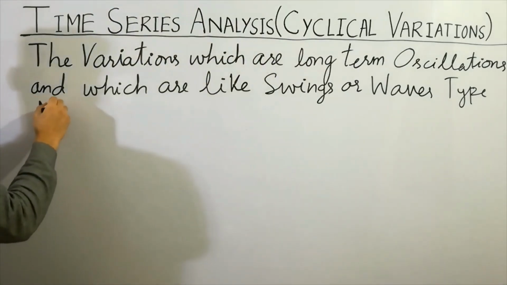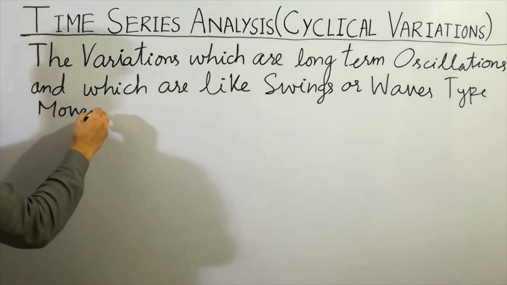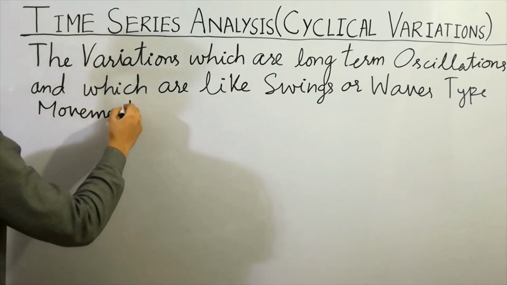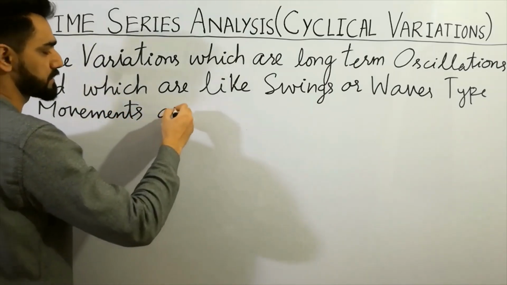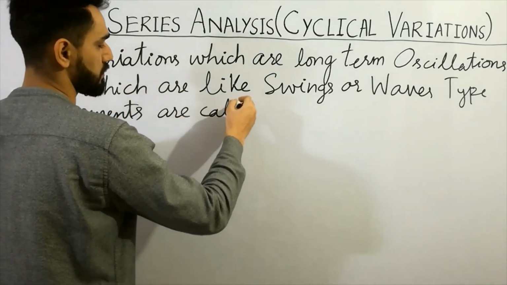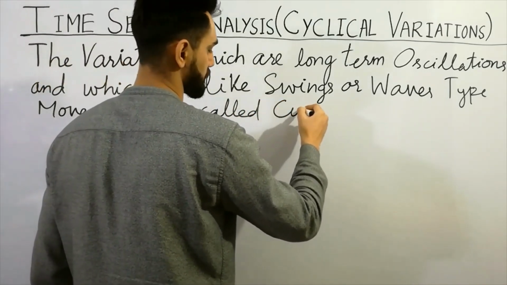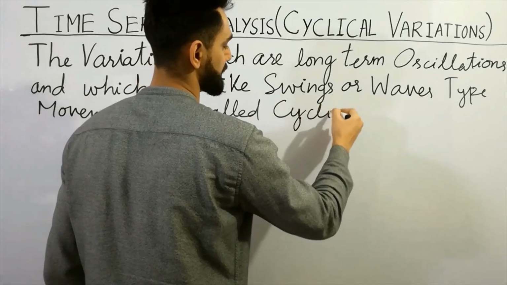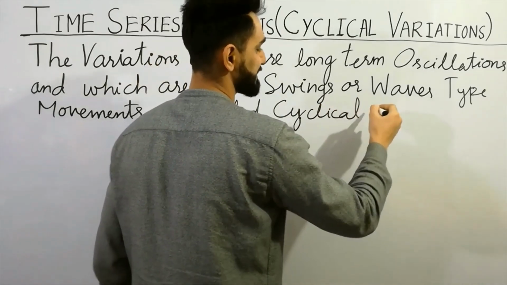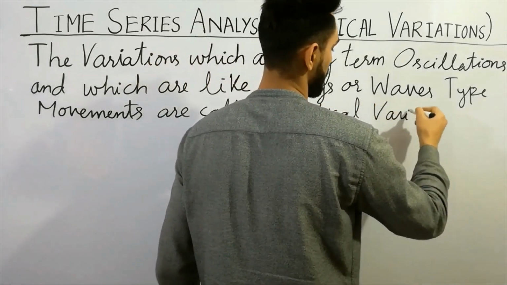Wave type movements are called cyclical variations.